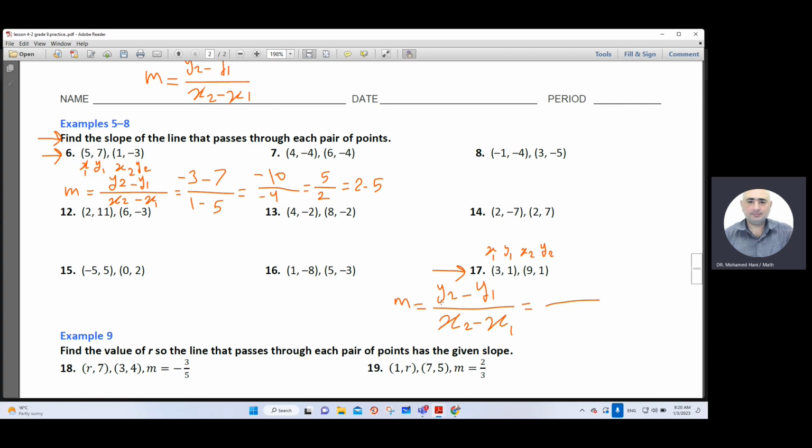What is the value of y2? 1. As you see here, minus y1, also 1. Down, x2 will be 9 minus x1 will be 3. So 1 minus 1 will be 0, and 9 minus 3 will be 6. 0 over 6 will be 0.